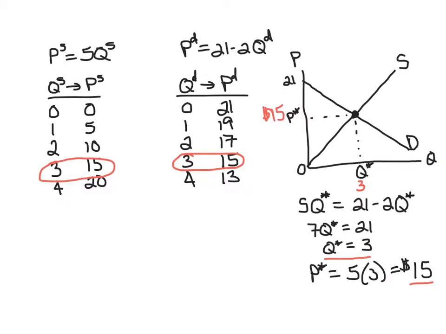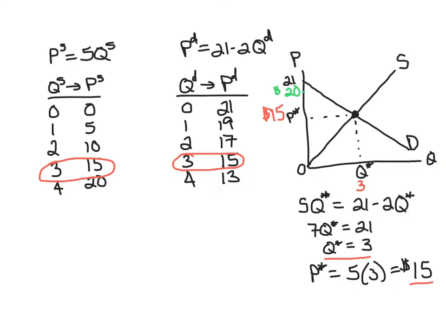All right, so then the next part of the question asks, if the price were instead $20 for whatever reason, would this cause a shortage or a surplus in this market? So let's start by labeling the $20 on our graph. $20 would be somewhere here. Okay, so above our market clearing price. And we know that consumers don't like higher prices, but producers do.